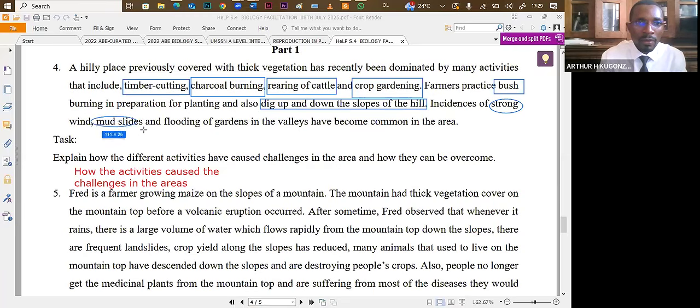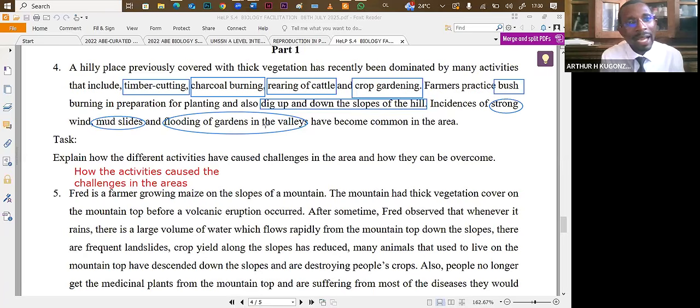Then we also have mudslides, and we also have flooding of gardens in the valleys. So this task wants you to explain how any of these activities causes these problems seen in the area. So here you're going to do matching.